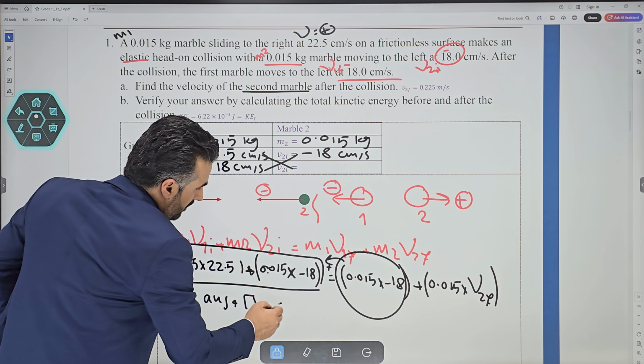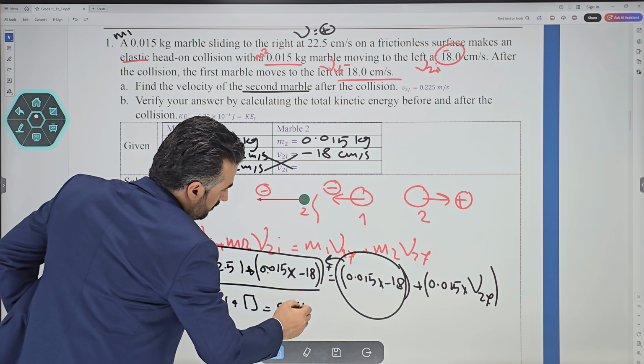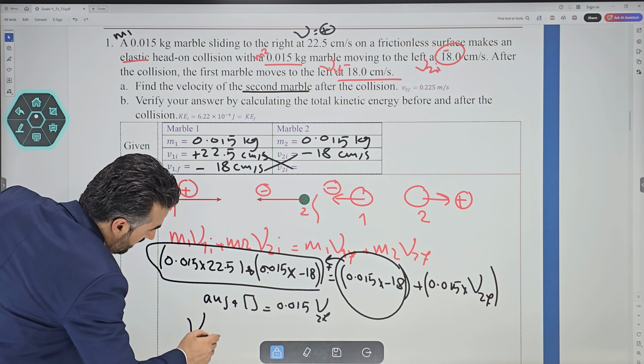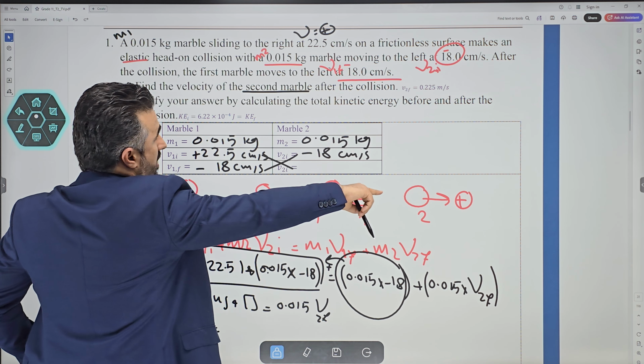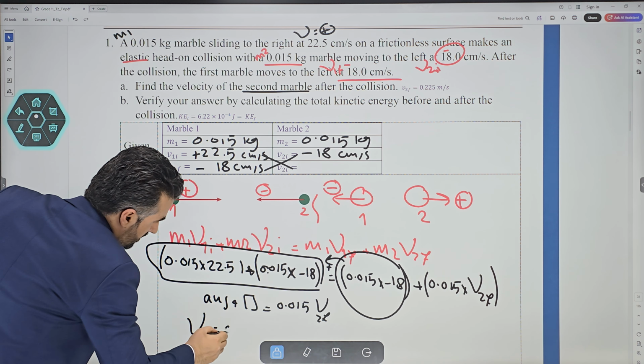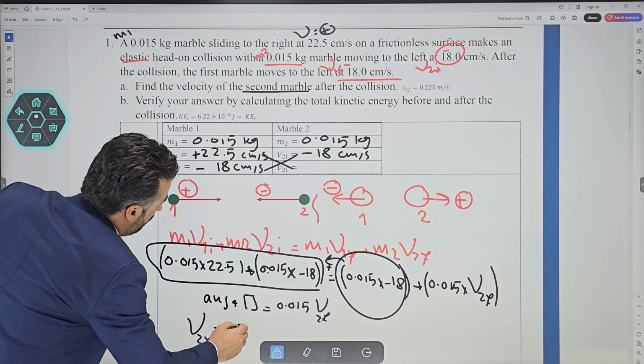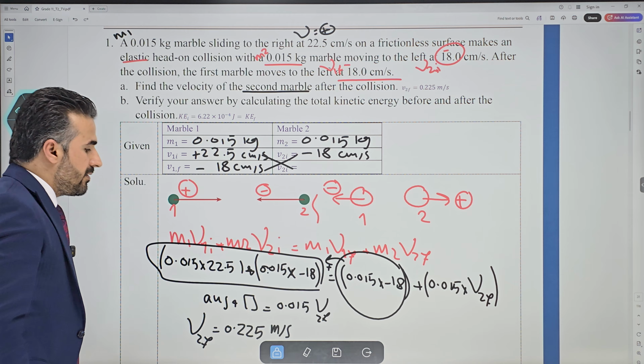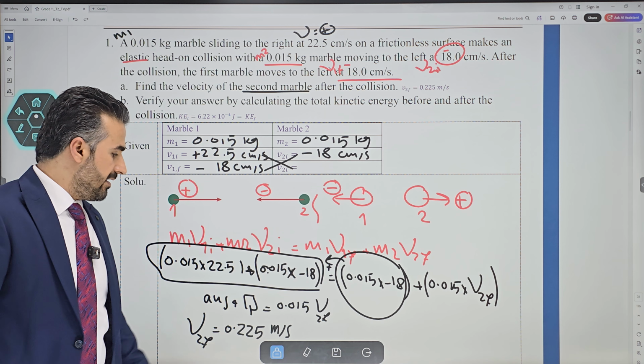Then you can find v2 final. Because it is rebounding, going to the left, the answer is supposed to be 0.225 meter per second, and this to the right. This is for the final velocity.